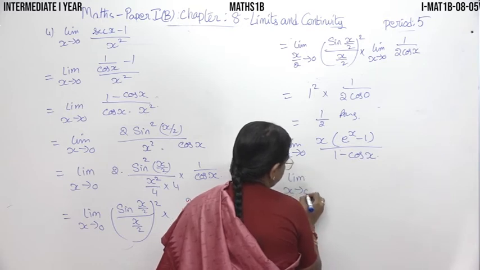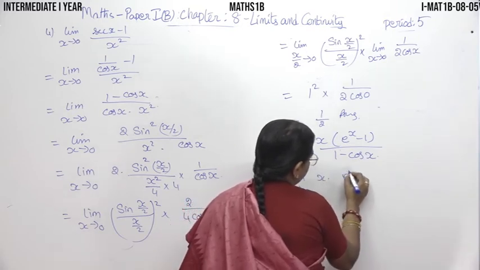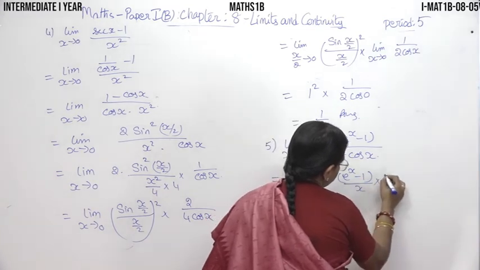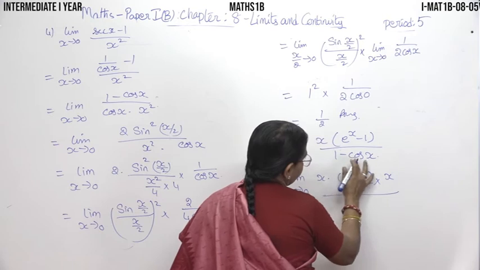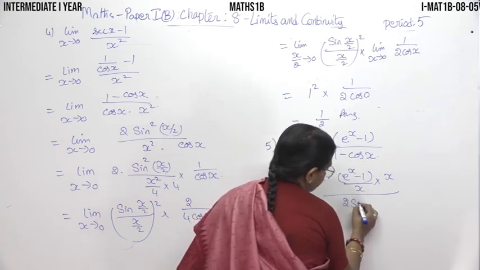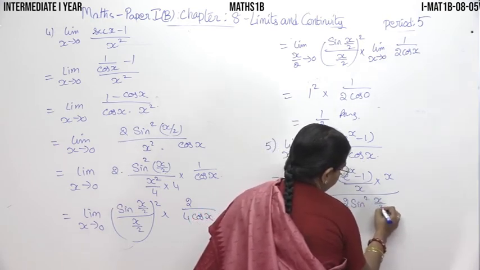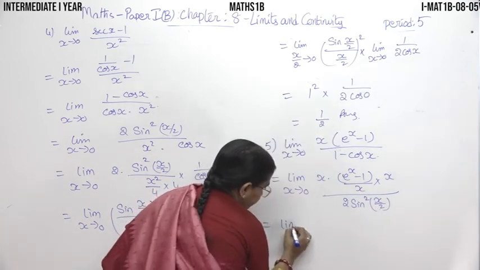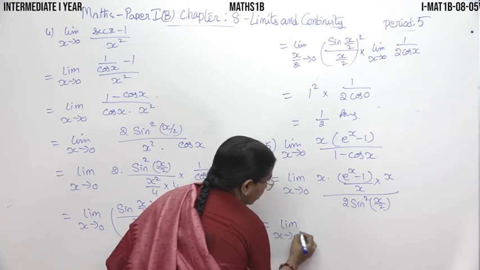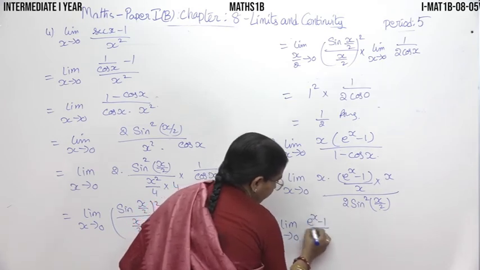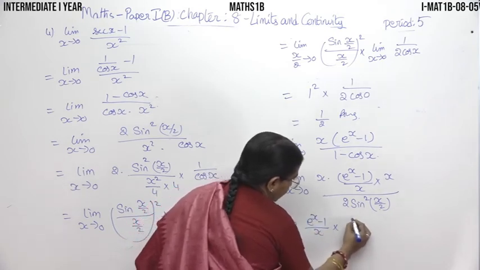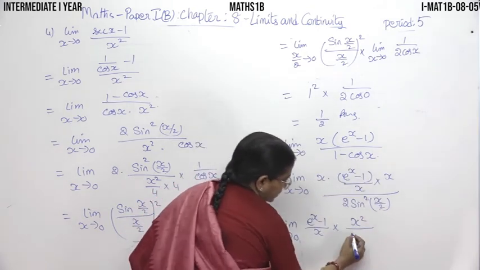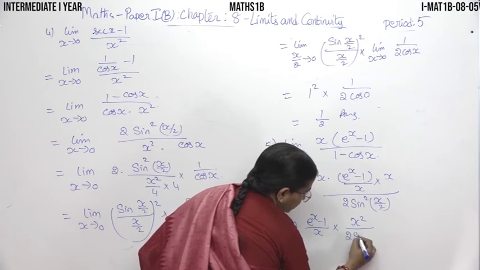So limit x tending to 0 of x into (e to the power x minus 1). First we'll write by x into x, and then 1 minus cos x we will write as 2 sin square of x by 2. This limit we'll write separately. So it is limit x tending to 0 of (e power x minus 1) by x into x square by 2 sin square x by 2.